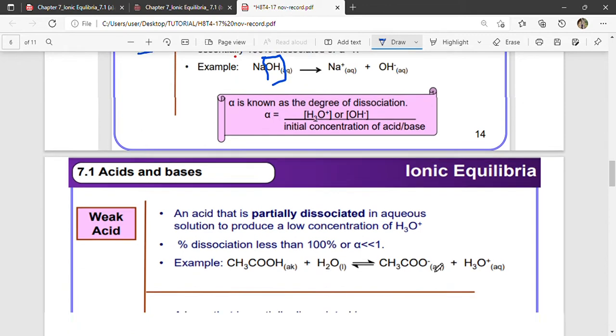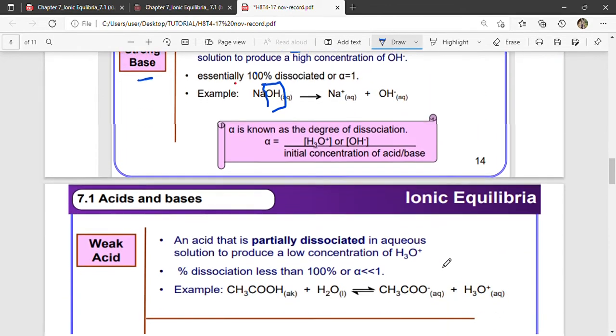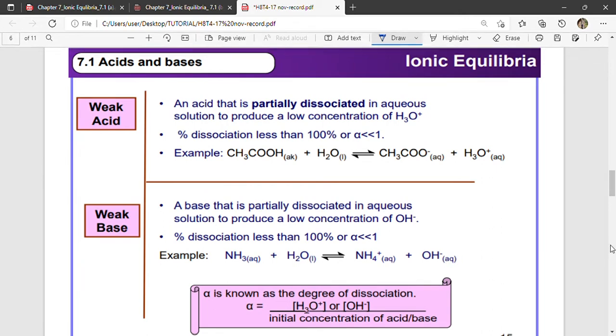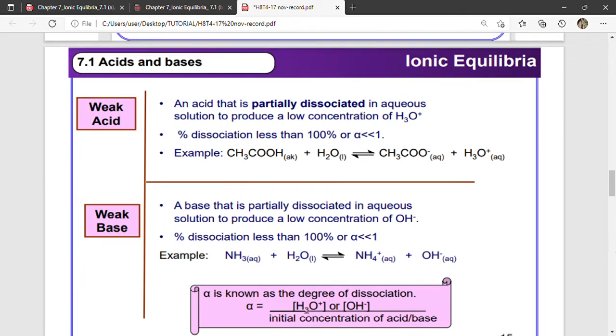If we have a strong acid and strong base, we also have the weak acid and weak base. A weak acid is a species that is partially dissociated in aqueous solution to produce a low concentration of H3O+.